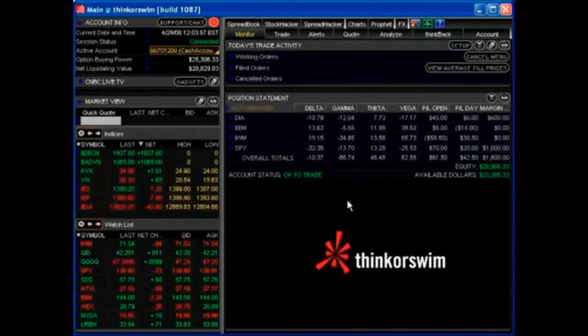Now, does this always work? Many strange things can happen in the market, there's no doubt about it. Prices can fluctuate wildly, and in those cases maybe we're not going to have a profit.